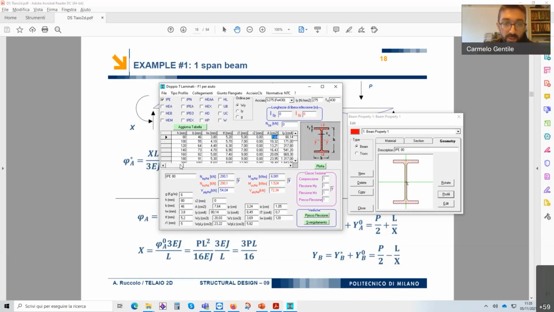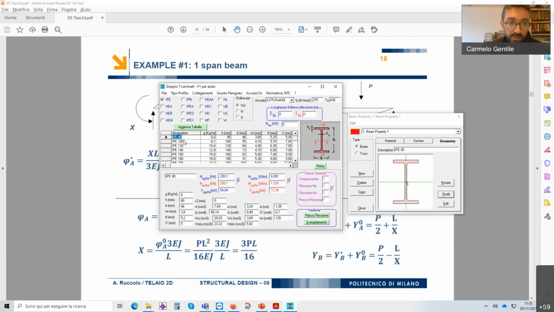Then we have the area, we have the inertia in the y direction, the bending resistance modulus, and so on, all the other terms. But we have all of them listed here, so we don't have to look for them in the table.